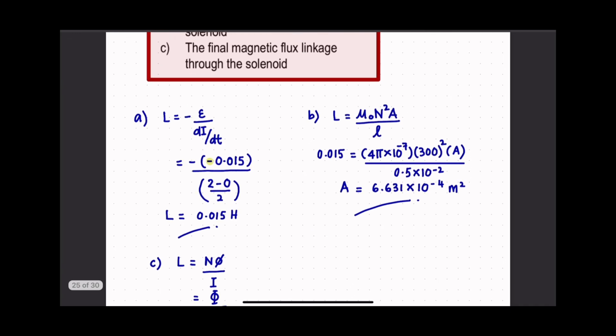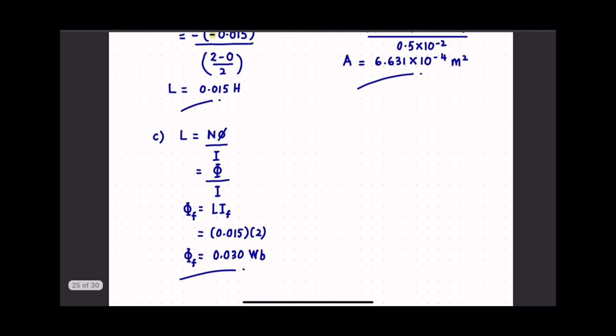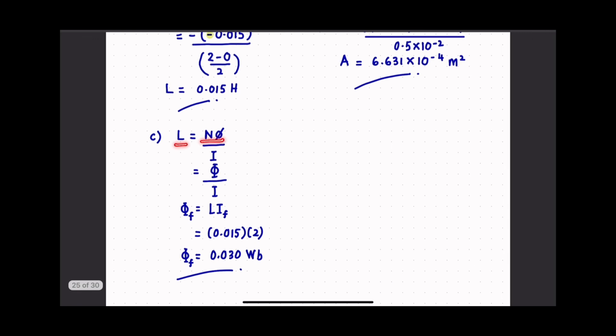And then the final magnetic flux linkage through the solenoid. For the final, L equals NΦ over I. So NΦ is the magnetic flux linkage. To get the magnetic flux linkage, multiply L by I. So use I final, because we want the final magnetic flux linkage. So 0.030 Weber.